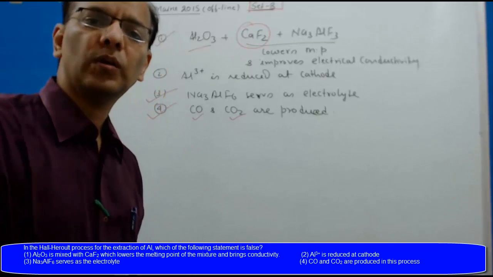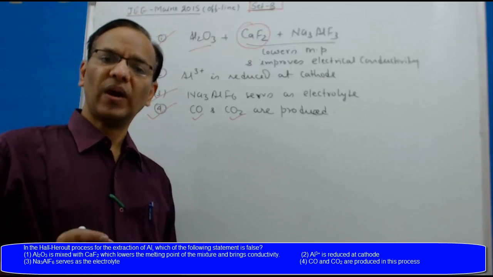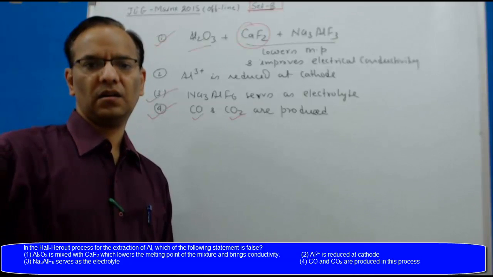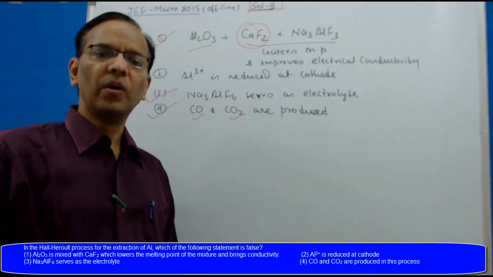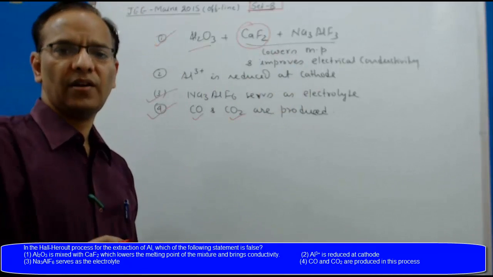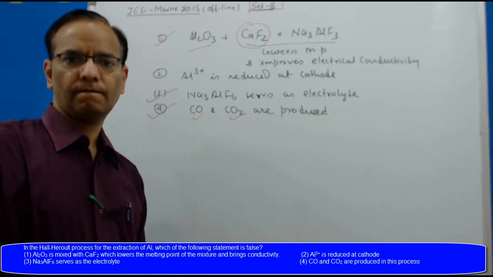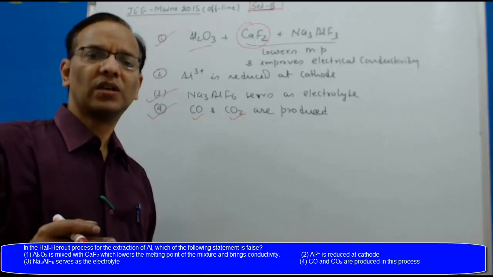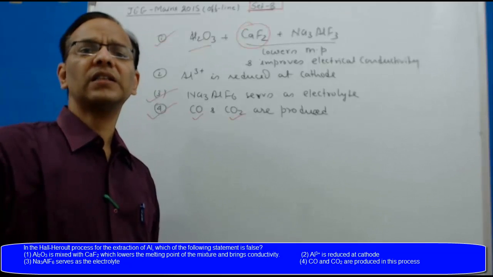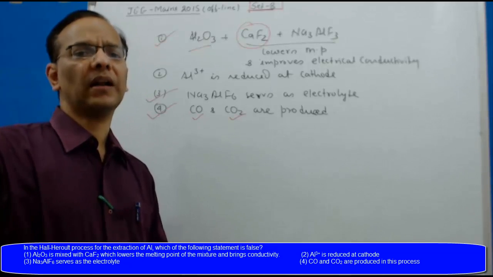But let me tell you the fact, what is correct. If everyone is saying that this is the electrolyte, and it is not correct, then the wrong answers given by the masses will not become the correct answer.